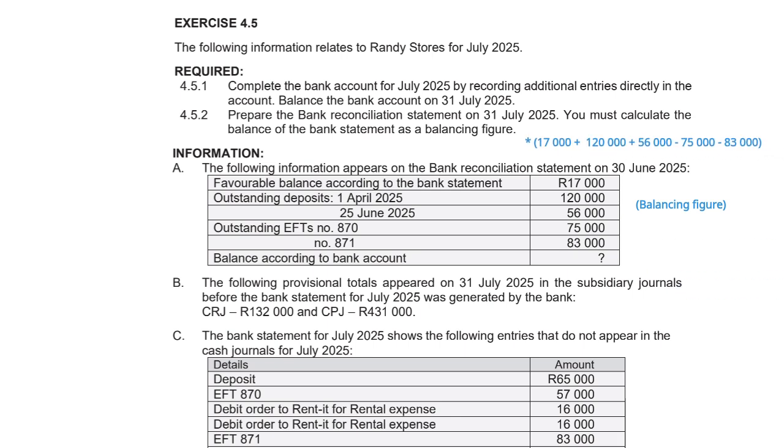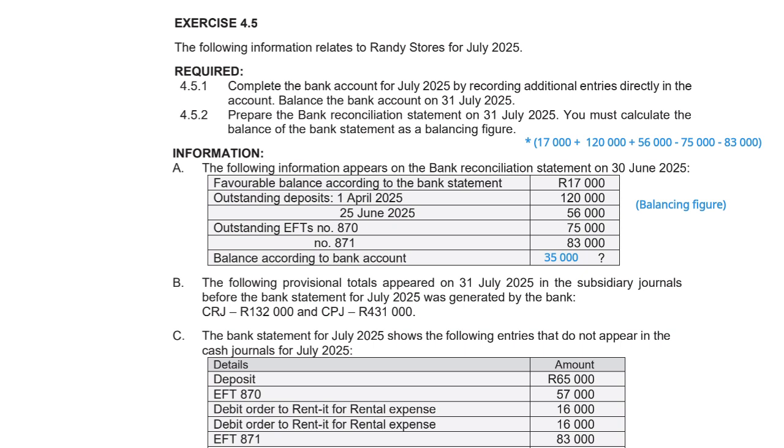We're going to say 17,000 plus 120,000 deposit plus 56,000 deposit minus 75,000 outstanding EFT and minus the last 83,000 outstanding EFT, and then we get an answer of 35,000. So your opening bank balance is 35,000 that you can go put on 1st July in your bank ledger account.